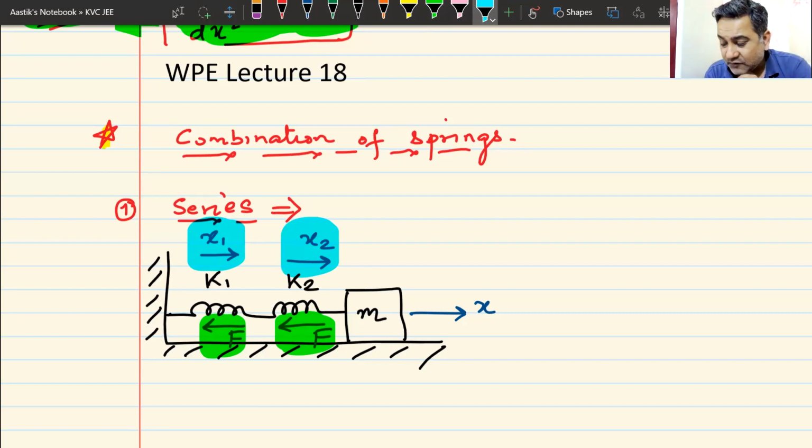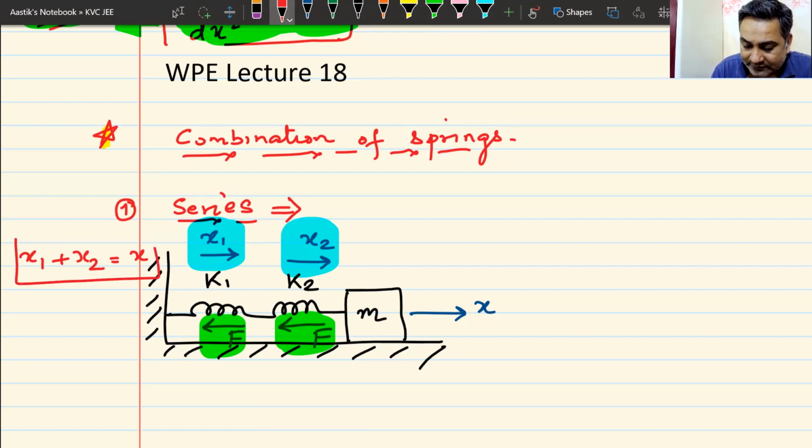Such combination of springs is known as series combination, and it is very easy to see that x1 plus x2 will be equal to x.